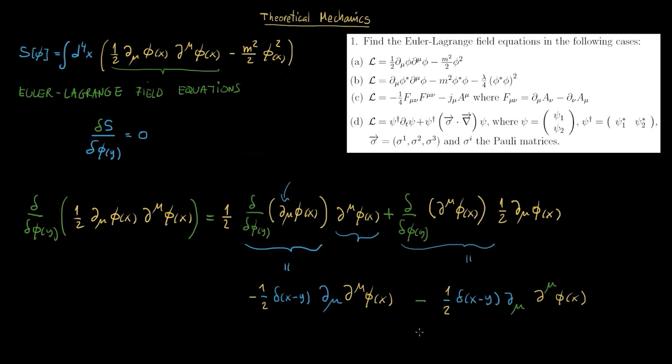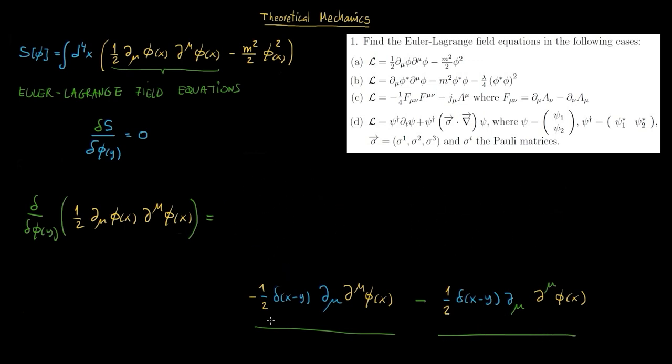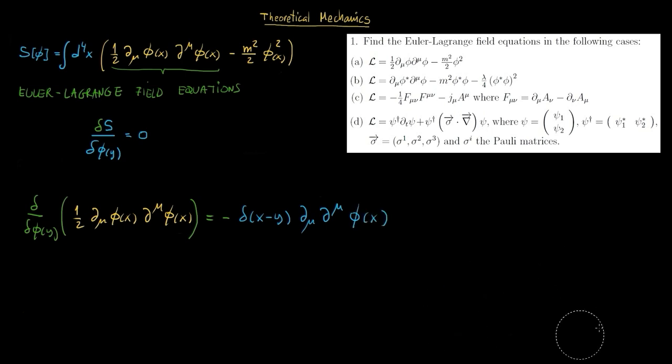Okay, so this term is equal to this term, so we have this term twice. So this 2 cancels out this 1/2. So we finally have minus delta(x minus y) ∂^μ φ(x).